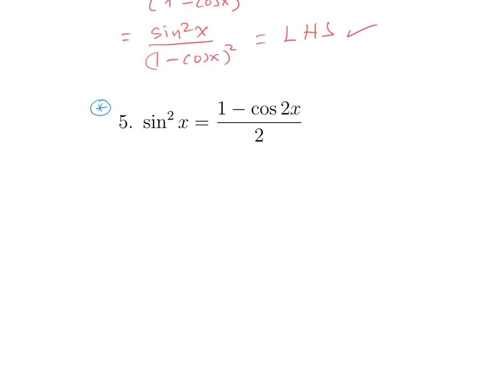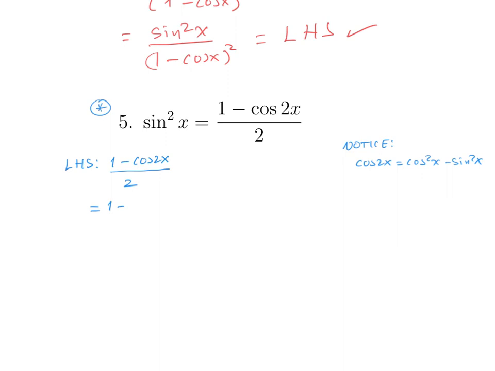You memorize it. So let me start on the left-hand side because it's the most complicated side. And you have 1 minus cosine 2x over 2. Notice that cosine 2x is a double angle formula, which we did last time, and it equals cosine squared x minus sine squared x. This is one of the formulas that you can write in 3 different ways.